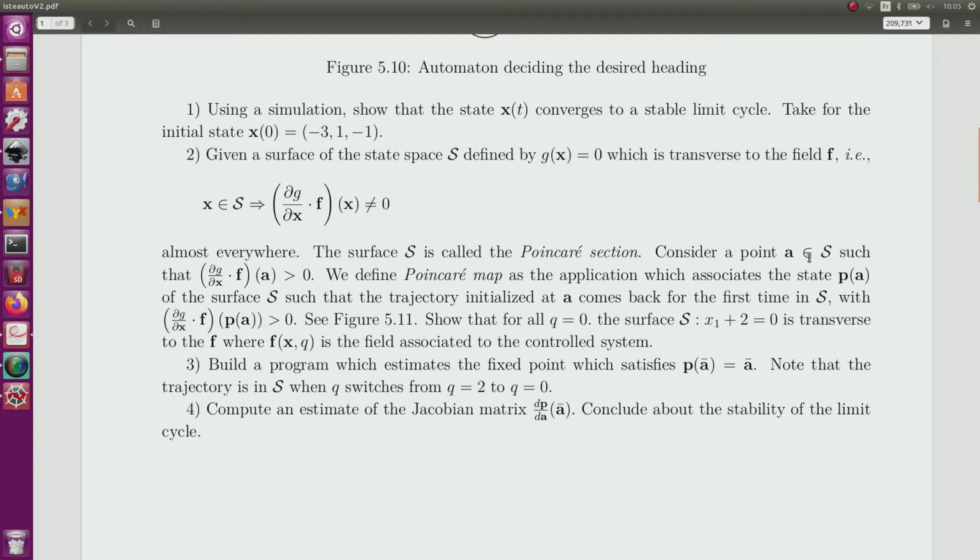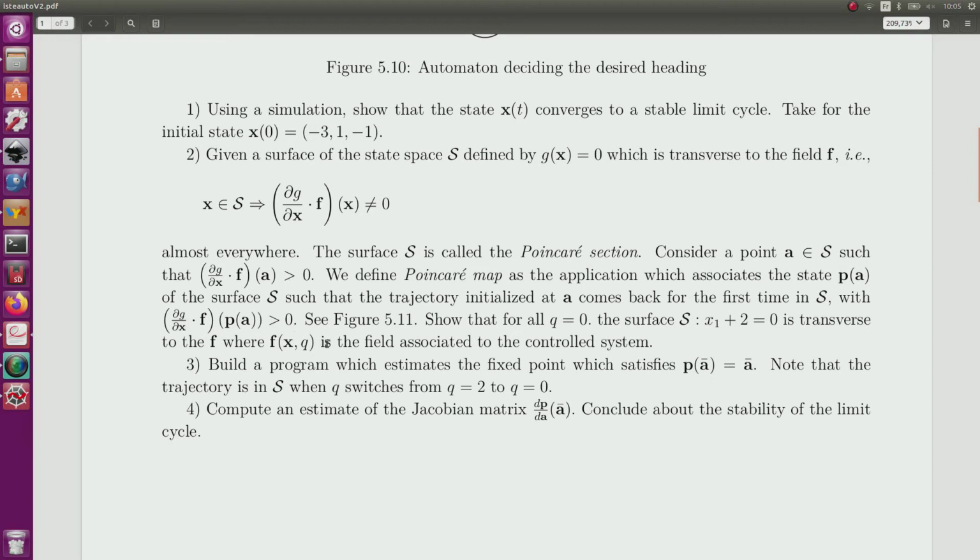So we consider a point of the surface where the field is transverse, and we define the Poincaré map as a function which associates to a given state A the state P of A on the surface, such that the trajectory intersects S for the first time after A, of course. And of course, I need the transverse condition to be satisfied in the right direction.